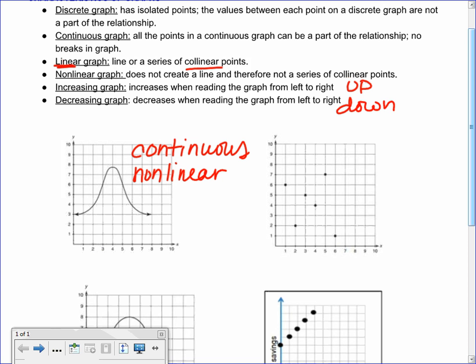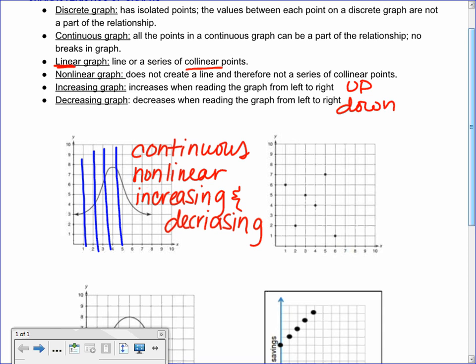And then when I read this left to right, it's actually increasing and decreasing. And if you remember from a previous screencast, you could do your vertical line test, and this would be a function. Each input's going to have exactly one output.